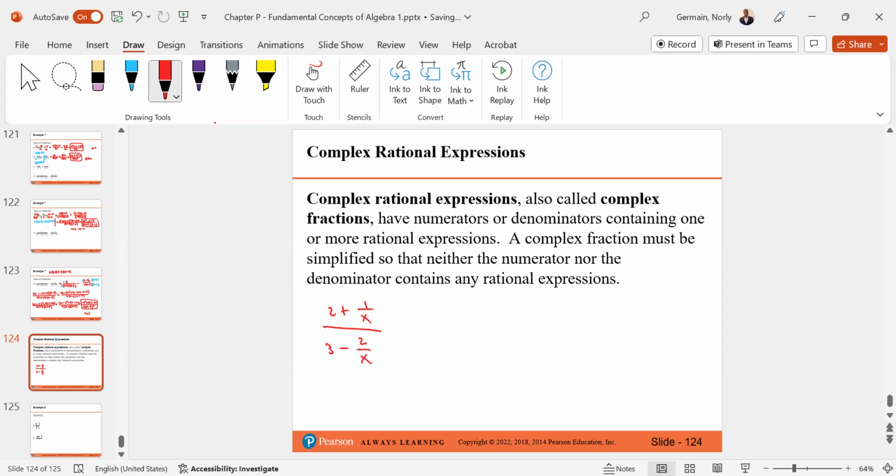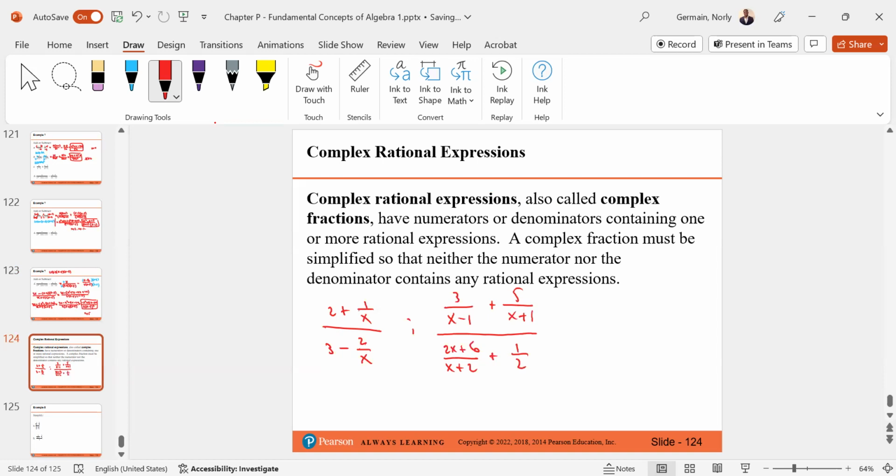You can have something like 3 over x minus 1 plus 5 over x plus 1, over 2x plus 6 over x plus 2, plus 1/2.